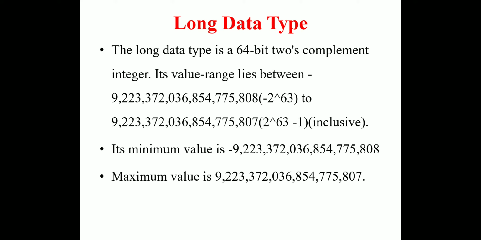The long data type is a 64-bit two's complement integer. Its value ranges from minus 2 raised to 63 to 2 raised to 63 minus 1. The minimum value is minus 2 raised to 63 and the maximum value is 2 raised to 63 minus 1.